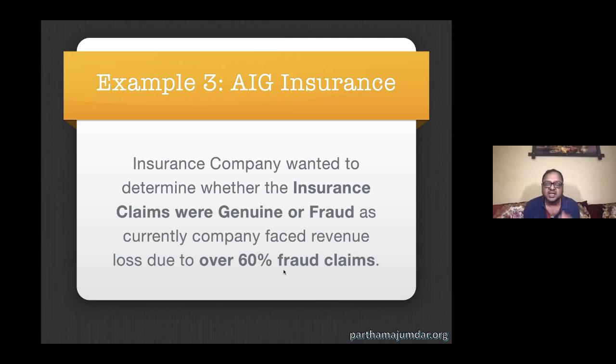Based on that intelligence from the historic data, we found out the patterns in the fraudulent documents and the patterns in the genuine documents. And these patterns, we programmed using AQL and fed into the system.